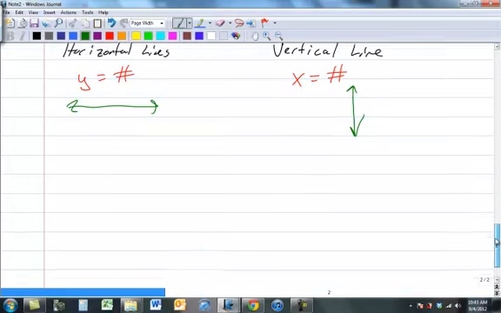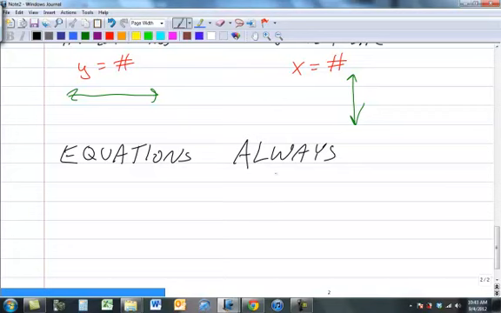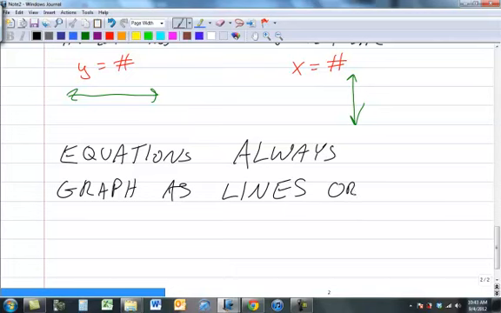And here's one thing I want you to remember. Equations always graph as lines, or curves as we keep progressing throughout this year. But here's the one thing that I need you to know.